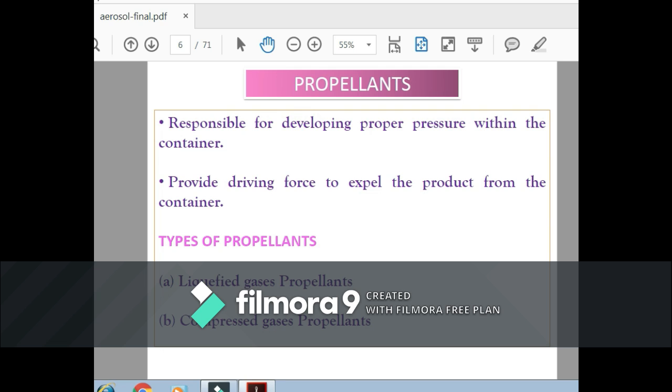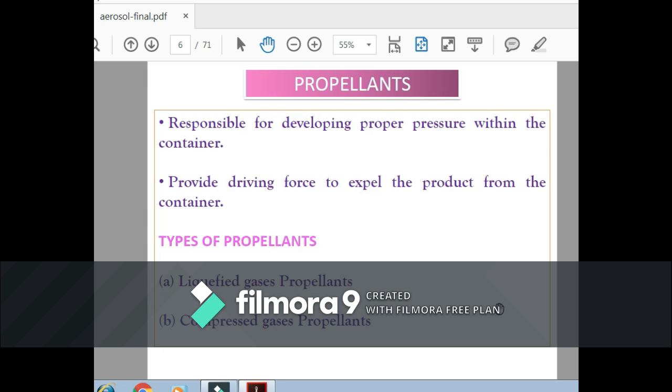When you are expelling your container content, some amount of propellant and drug will be removed from your aerosol container, and whatever propellant remains inside your container will again convert into the form of gas. So it will always try to convert into gas inside the container. That's why continuous pressure will be built up inside your container because of the presence of such propellant.